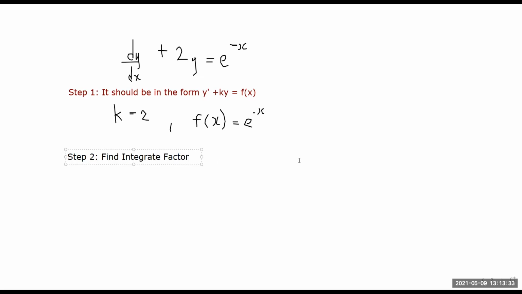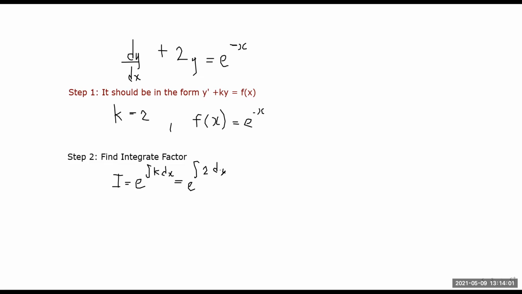And remember the formula for integrating factor. I like to call the integrating factor I. Integrating factor I is e to the integral of k dx. So it's going to be equal to e to the integral of k, which is 2, so the integral of 2 dx.